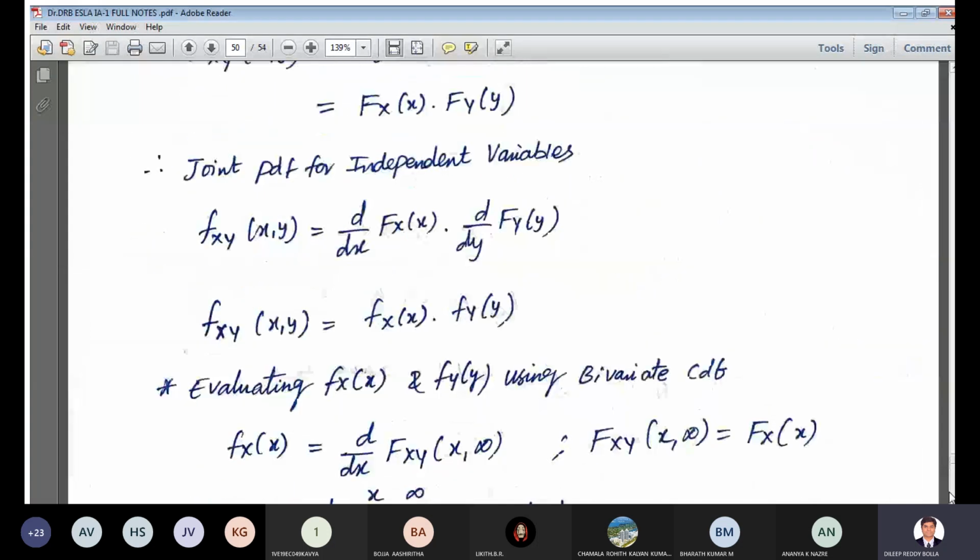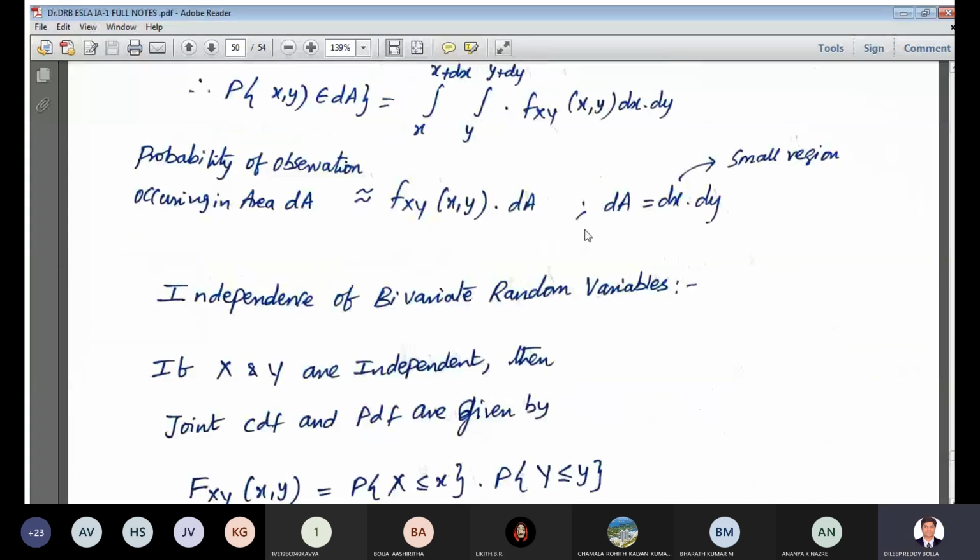So the formula can be reframed like this: the probability of x and y belonging to the area dA is the integral of x to x plus dx, and y to y plus dy, and the rest of the function remains the same. If you want to cut short, instead of writing dx and dy, you can write dA, where dA stands for dx and dy.